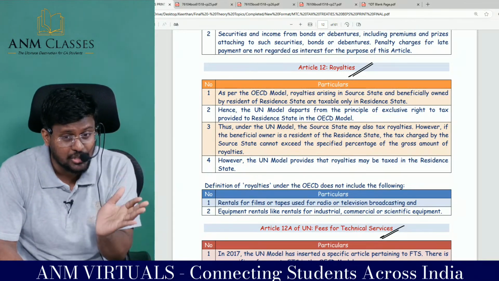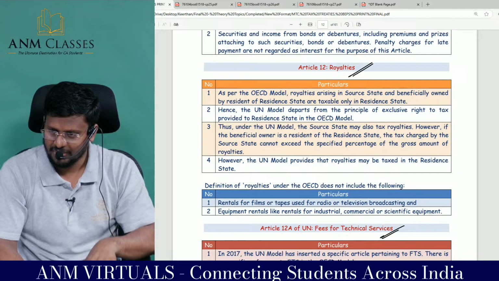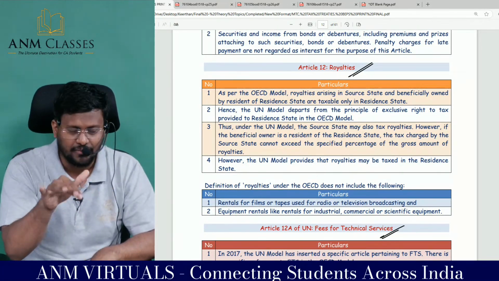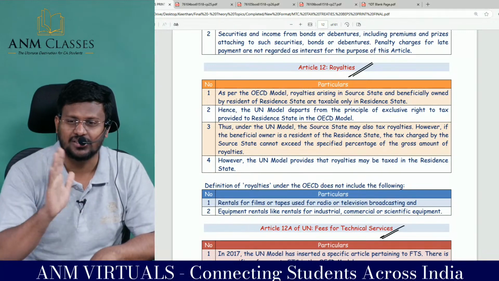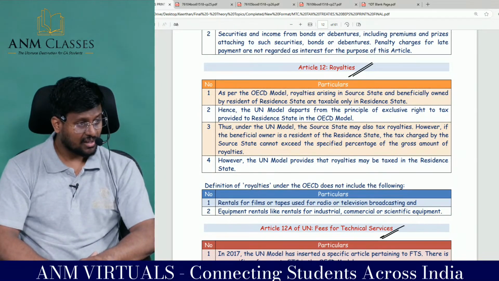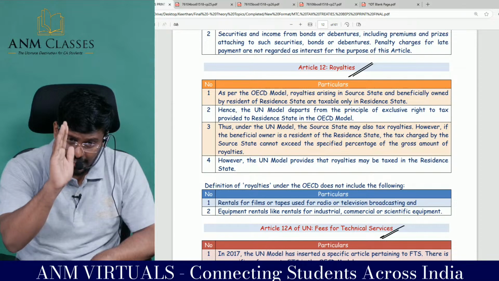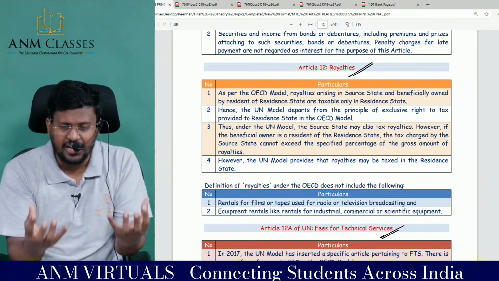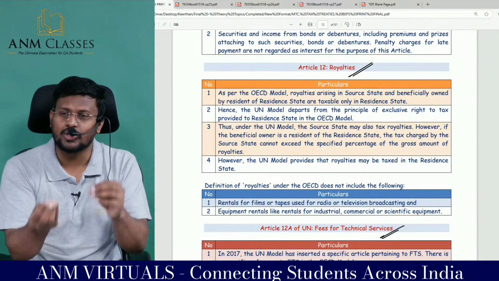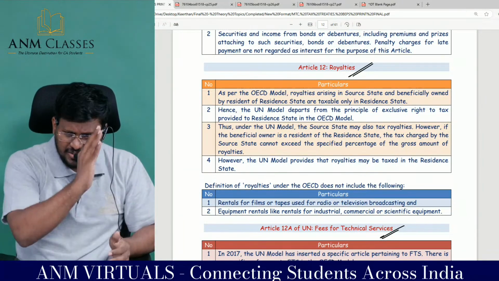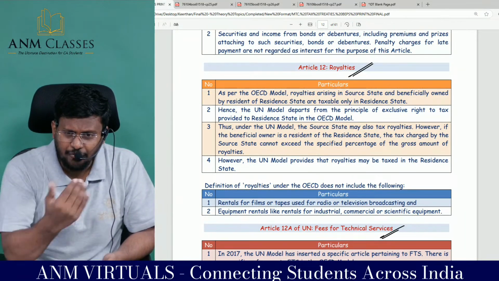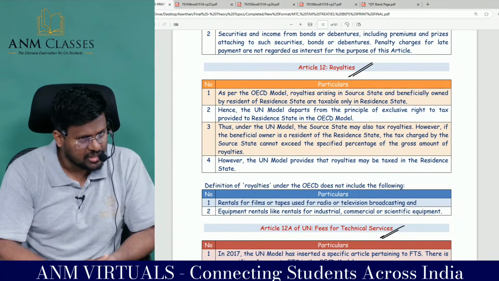The exception to what we discussed till now is IFRS. Even though there is no establishment, IFRS will always be taxable in the source country. That means without a permanent establishment, IFRS will be taxed in the source country.